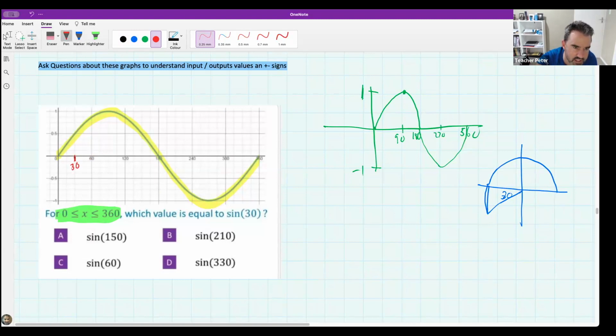So there's 30. And if I go up to 30, this graph is saying the sine of 30 is a half. Now, if you look at your graph and you know that that line is a half, which of these 4 options is equal to the sine of 30? And I want you to vote in the chat.